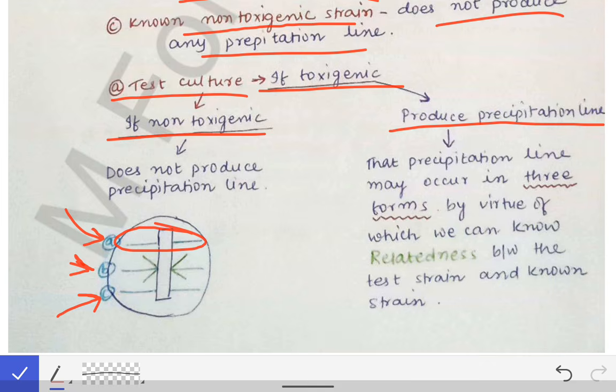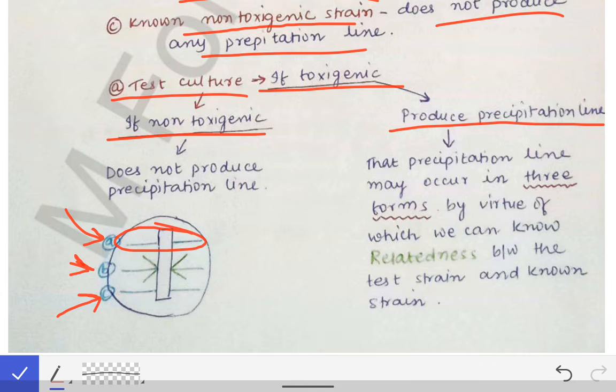Okay, now coming to the case where the test culture was toxigenic. If the test culture was of a toxigenic strain, then there will be production of a precipitation line.